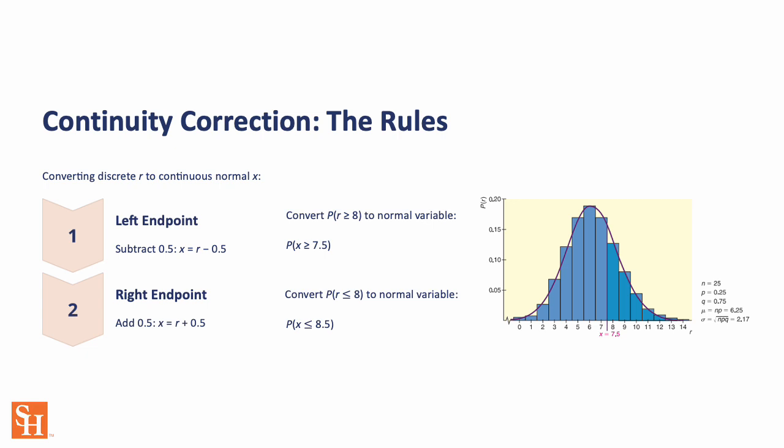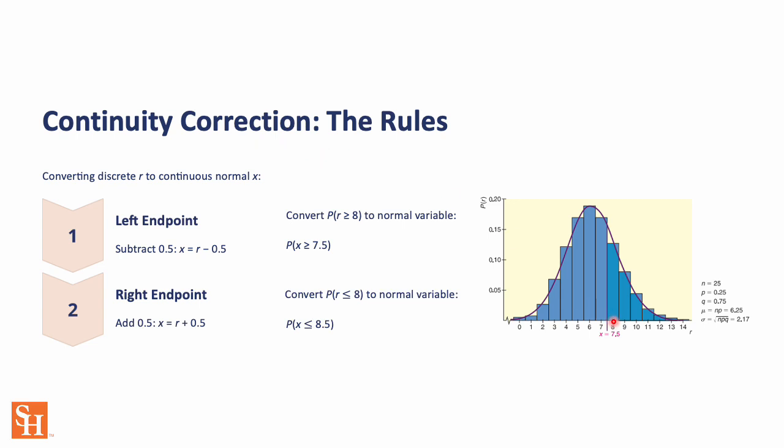Our original distribution was binomial, but we will apply normal approximation. Before applying it, let's talk about another important thing, which is continuity correction. Our original distribution was binomial, which is a discrete distribution, but we will be using the normal distribution, which is continuous, for the approximation. So we need some continuity correction. How do we do that?